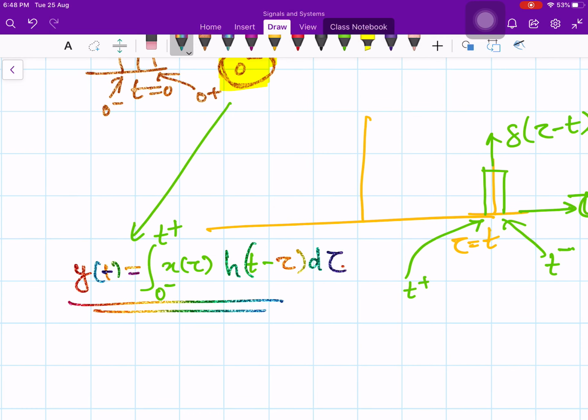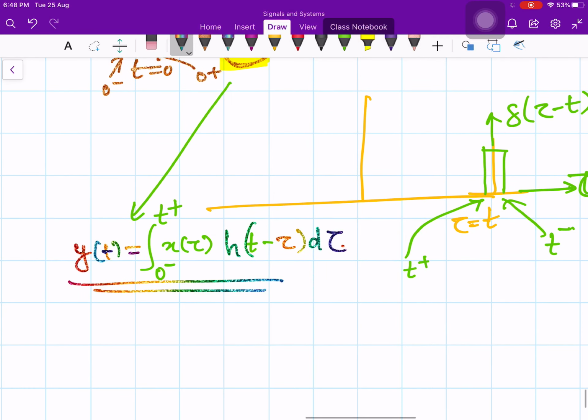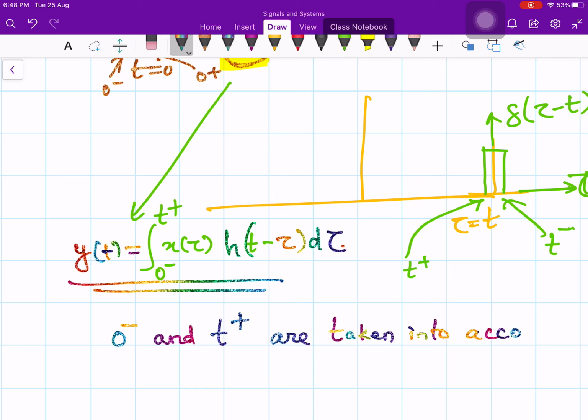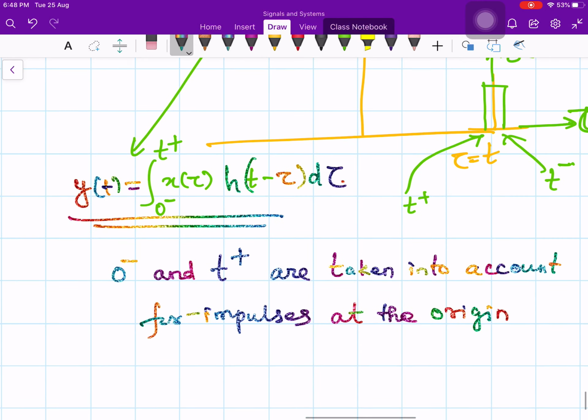So 0 minus and t plus are taken into account for impulses at the origin in x of t and h of t.